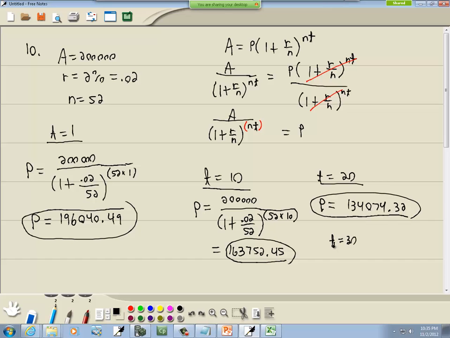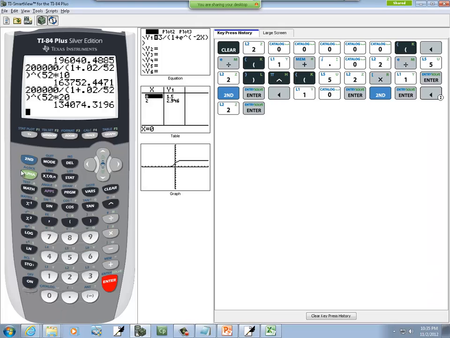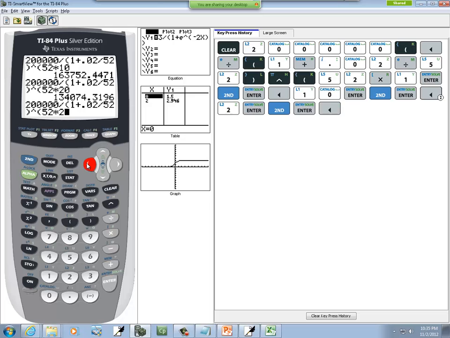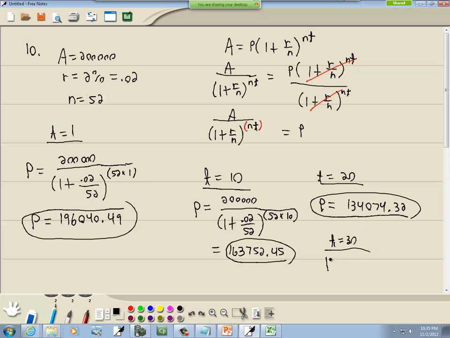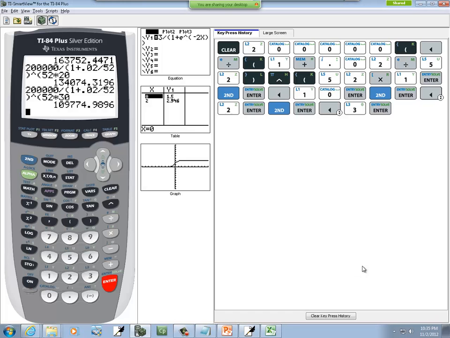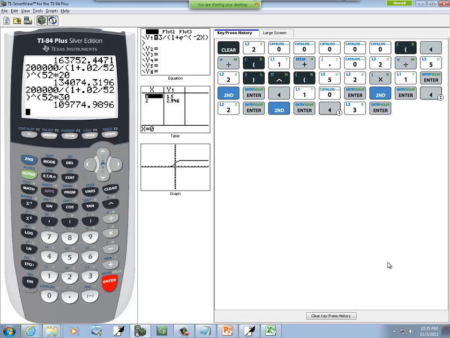T is equal to 30. Again, I go to the calculator, do a second enter, bring up previous entry, and I'll left arrow over and change that to 30. And we got P is equal to 109,774.99.